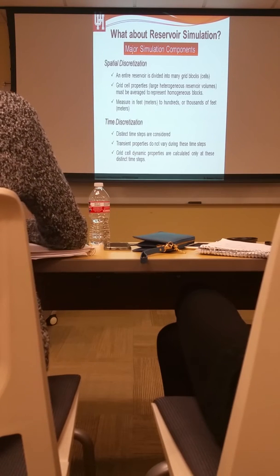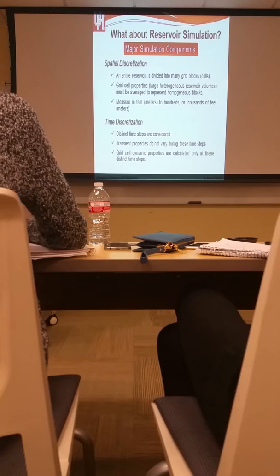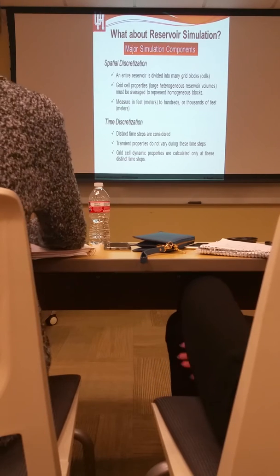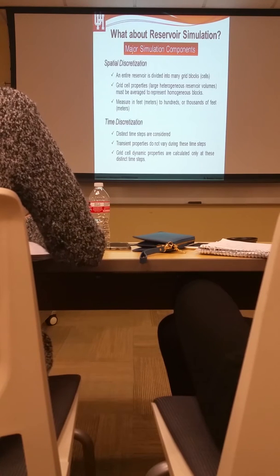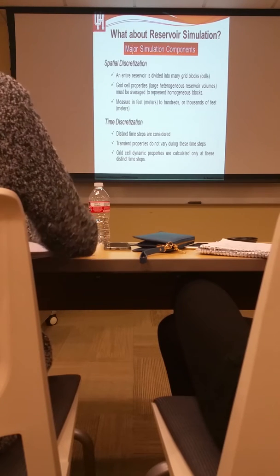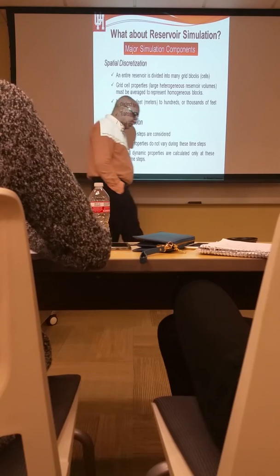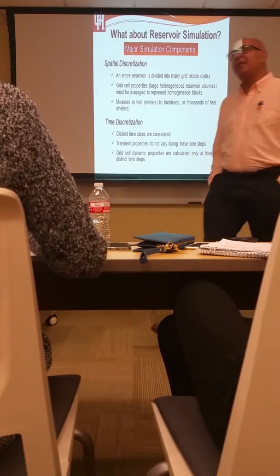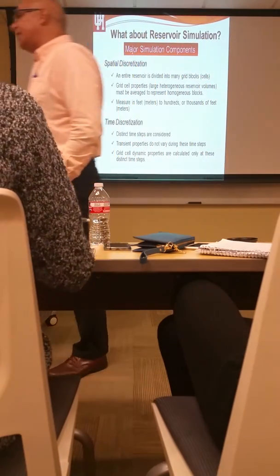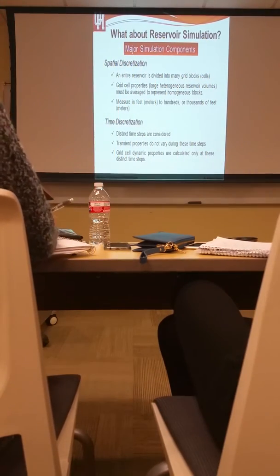Major simulation components. Fundamental: two types of discretization. Space discretization and time discretization. Why? What is this? I have said before, and you know also from other courses, that we are representing the behavior of the performance of the fluid with some equations.